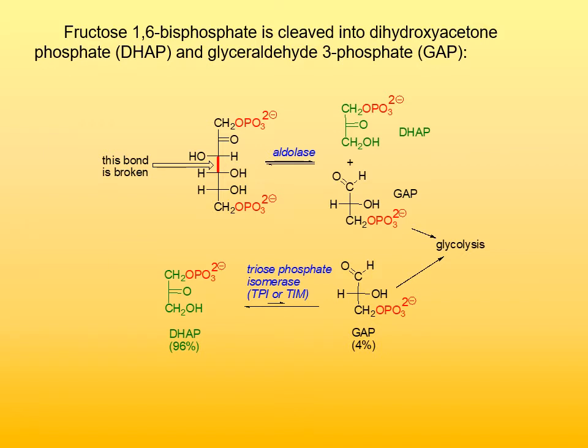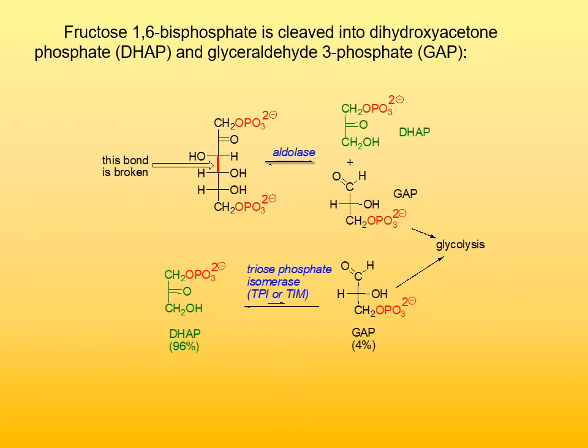Of course, an enzyme cannot shift the position of the equilibrium. It can only speed up the isomerization of the two. The equilibrium position is to the left, as dihydroxyacetone phosphate. So at equilibrium, the mixture is composed of 96% dihydroxyacetone phosphate and only 4% glyceraldehyde 3-phosphate, or GAP.